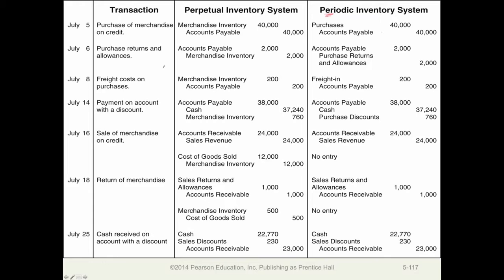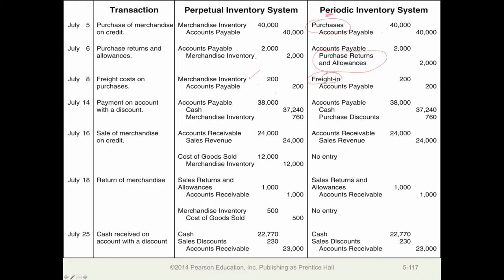Then you've got purchase returns and allowances. Under a perpetual system, you debit accounts payable and credit the inventory. Under periodic, again, you do not affect inventory, but you would use a contra purchase account. Freight goes directly into inventory: for perpetual, you debit the freight account directly, but for periodic, debit freight, credit purchases.